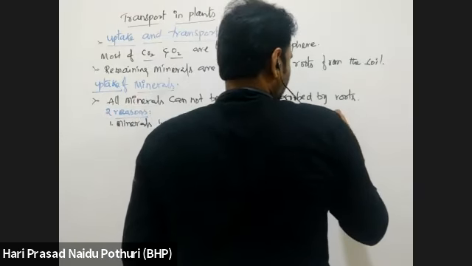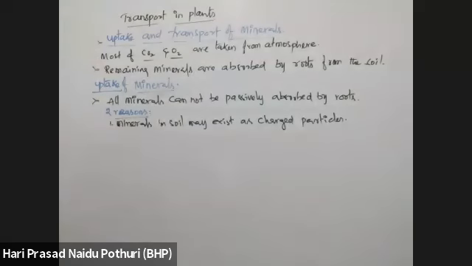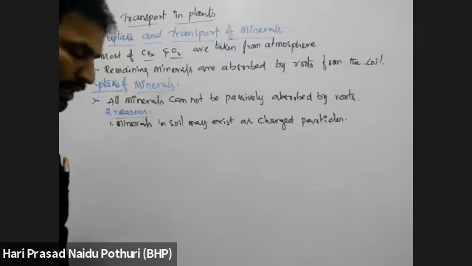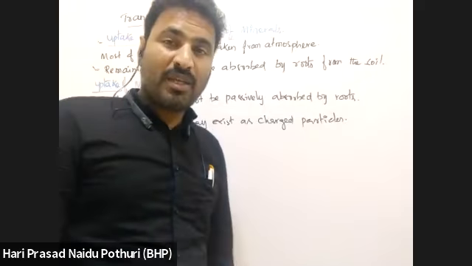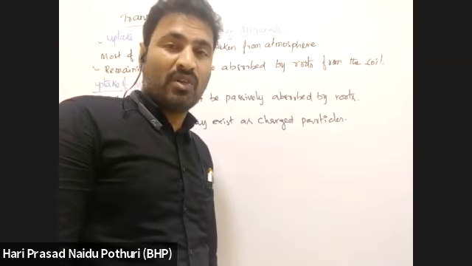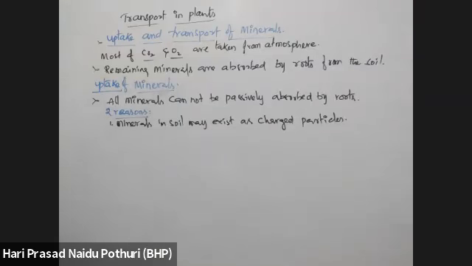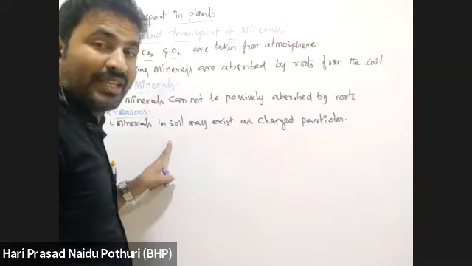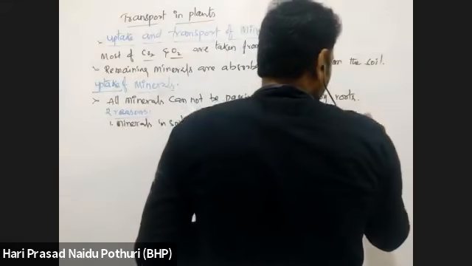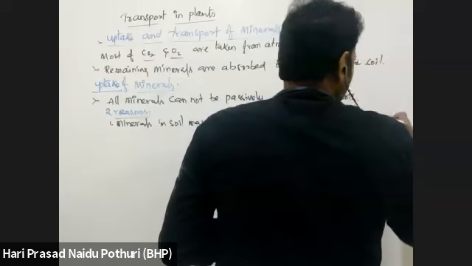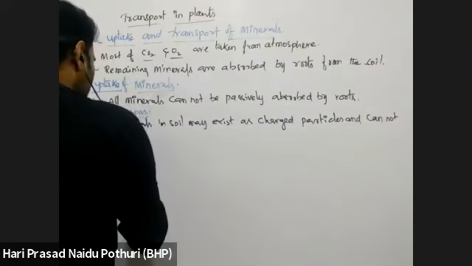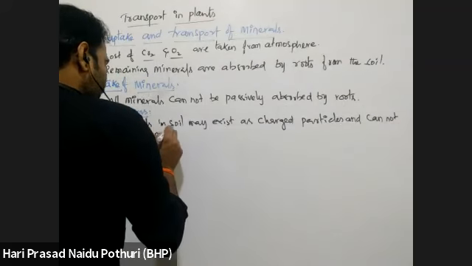Minerals usually exist in ionic form, like Na+, calcium ion, chloride, which is a negatively charged ion, and iodine, which is also negatively charged. They are present as charged particles. If they are charged particles, they cannot cross the membrane.